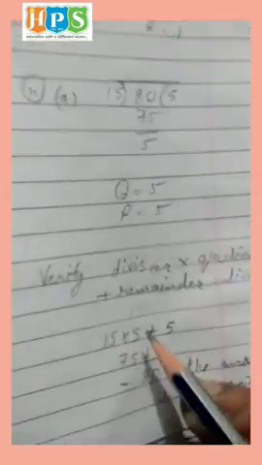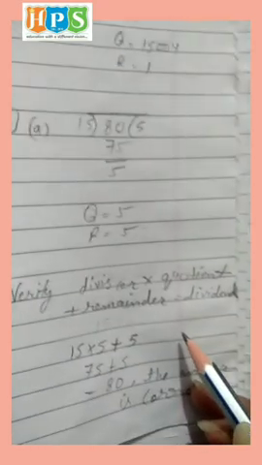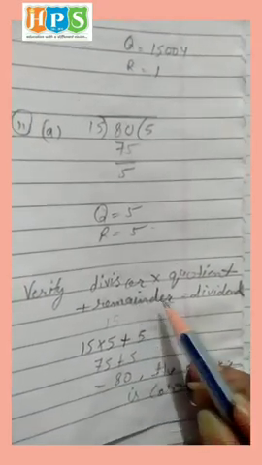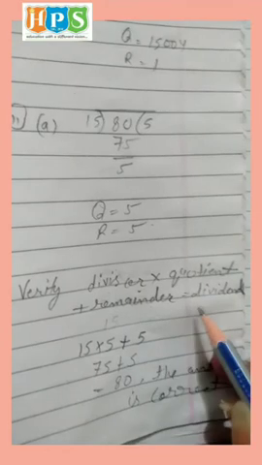Check the answer, verify. It is a simple formula. Divisor multiply quotient plus remainder is equal to dividend.